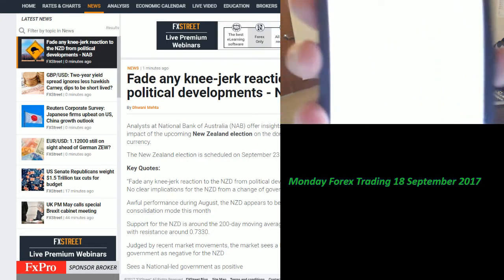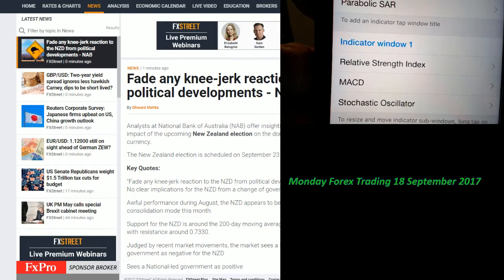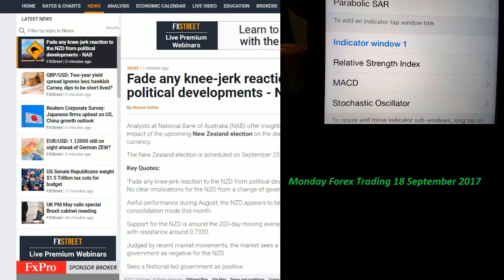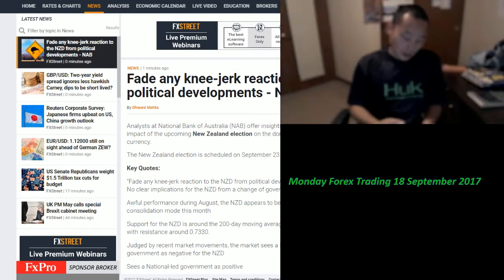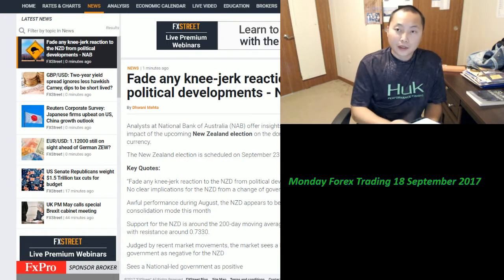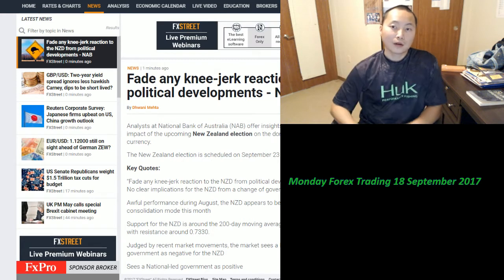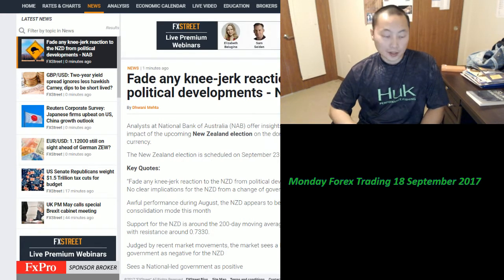Yeah, the stochastic oscillator. What that does is it's more accurate because it bounces up and down a lot faster than RSI.